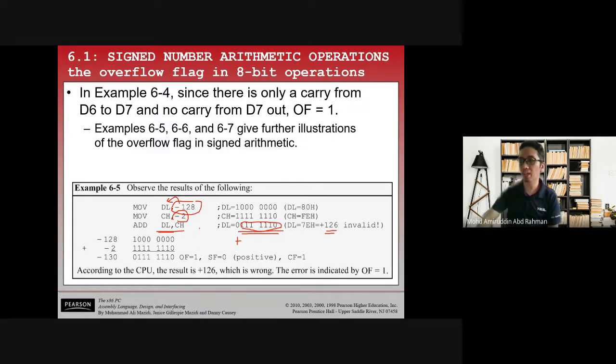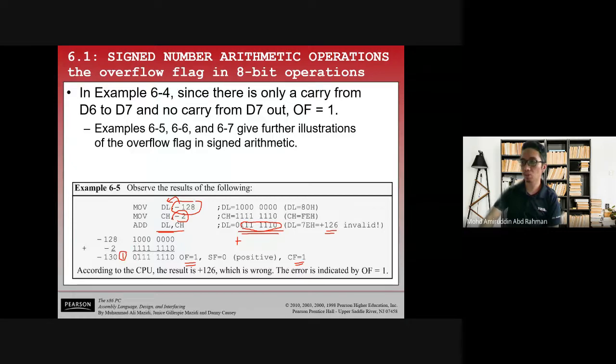When you do the addition of these two numbers, you can see that you add 0, 1, 1, 1, 1, and 1, 1, 1, and 0 over here, and there should be a carry out from D7. So when there is a carry out from D7, CF should be 1. And then OF also should be 1, because there is no carry from D6 to D7.